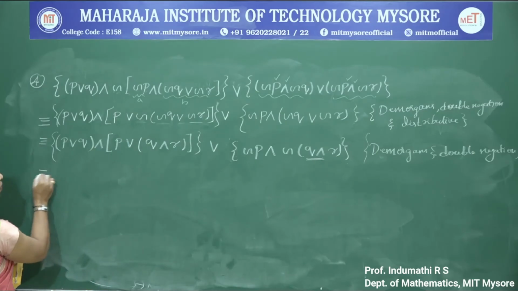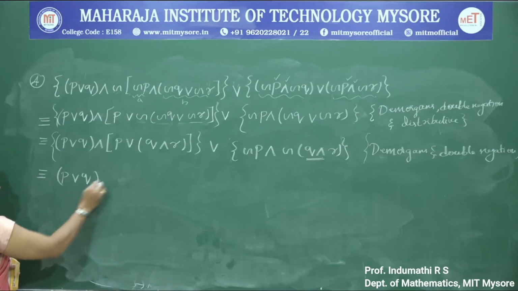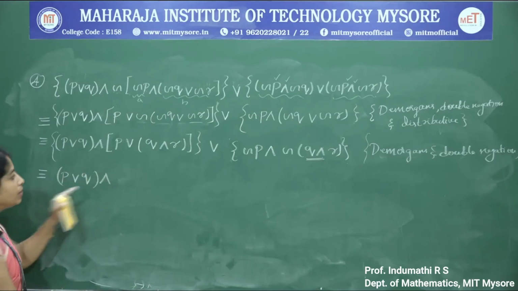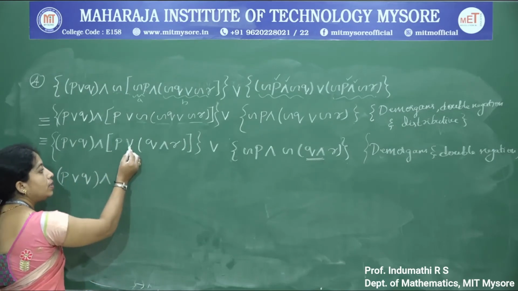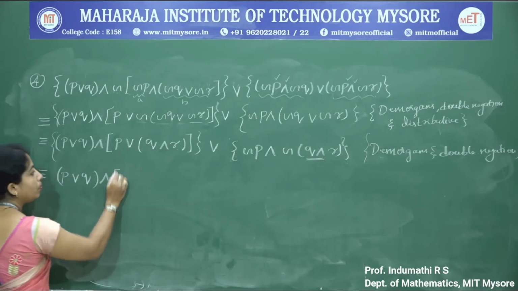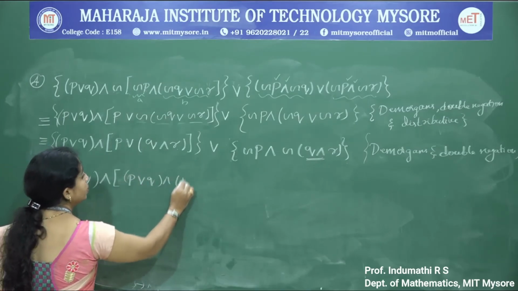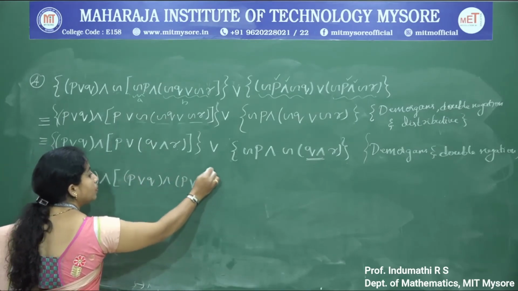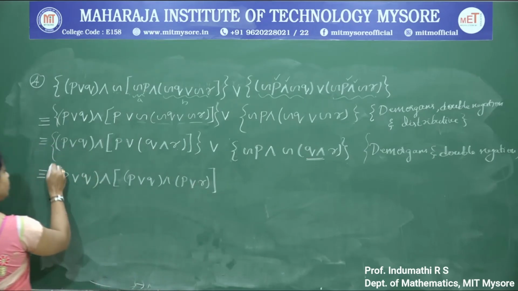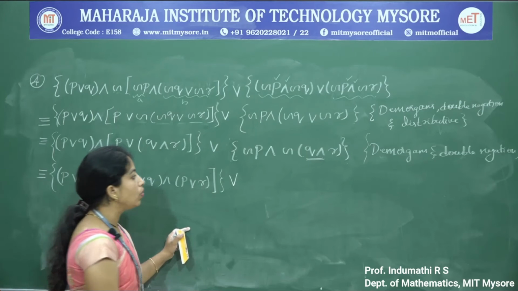Again this is logically equivalent to P disjunction Q, writing the first compound proposition as it is, conjunction of P disjunction of Q conjunction R, which is logically equivalent to P disjunction Q conjunction P disjunction R. This is by using law of distributive. We have applied law of distributive, write disjunction of.